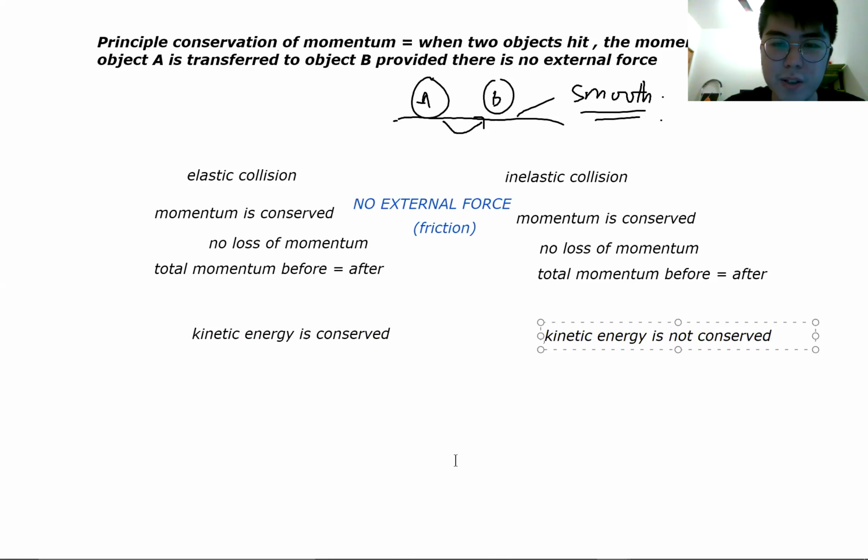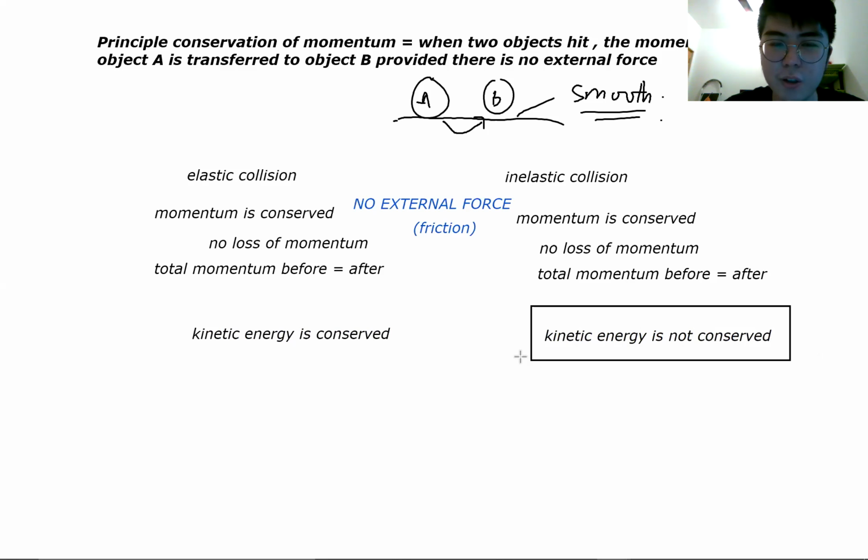This is the only difference here. In other words, I can say no loss of speed in one, because kinetic energy is about speed. And this one is loss of speed.